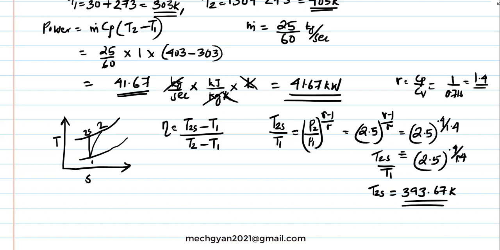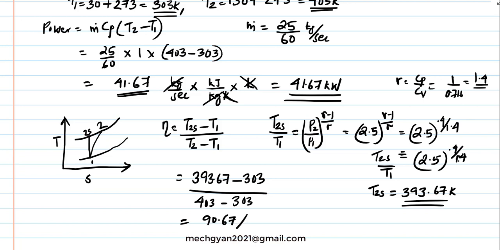So substituting in this, we have (393.67 minus T1 which is 303) by (T2 which is 403 minus 303), we get the value as 90.67%.